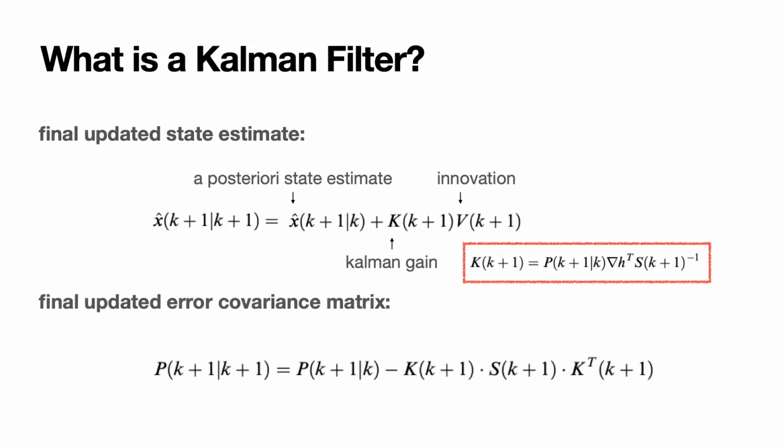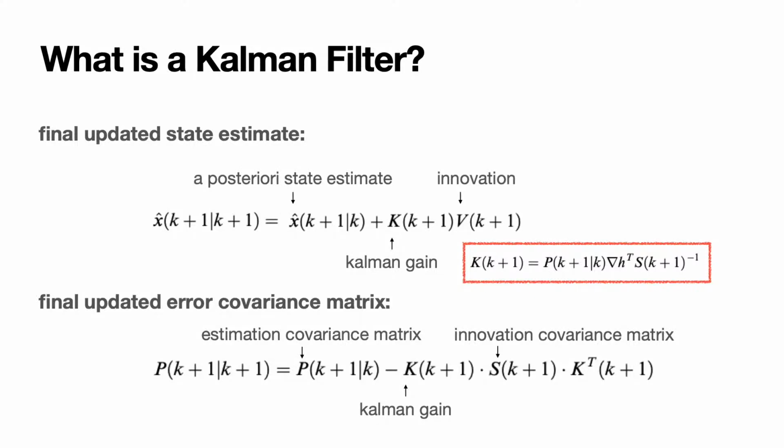The error covariance matrix of this updated state estimate tells us how much our measurement deviates from the prediction. It is calculated by taking our a priori estimation covariance matrix and subtracting it by our weighted innovation covariance matrix.